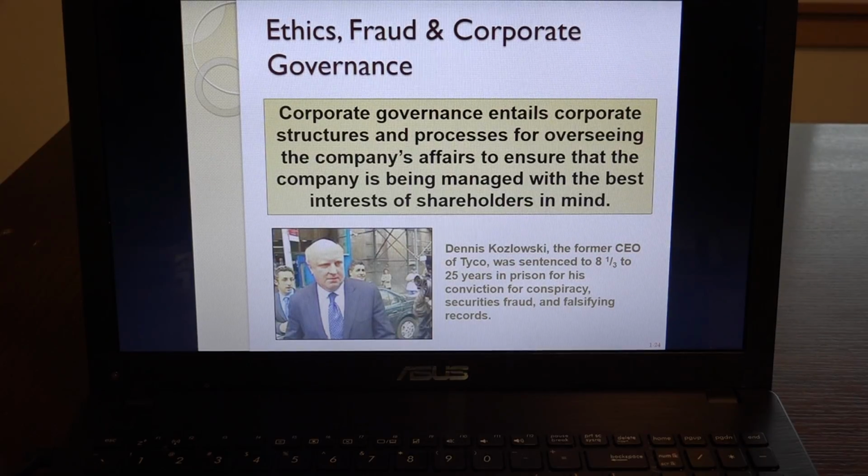I mean, these days companies want to be a good corporate citizen, and so it goes beyond just the shareholders. It goes beyond other stakeholders, such as people in the community in which they run their business.